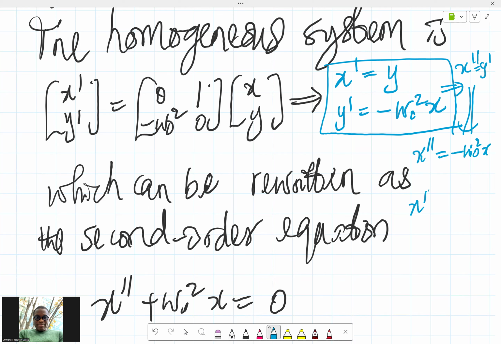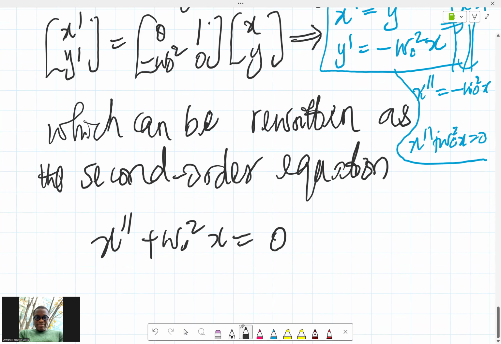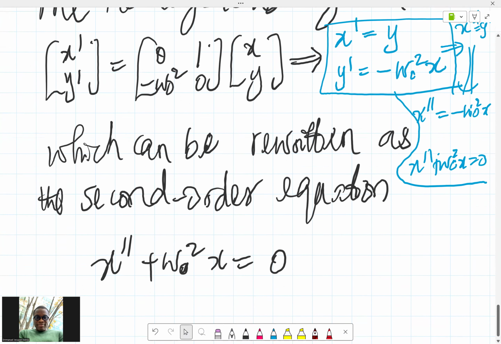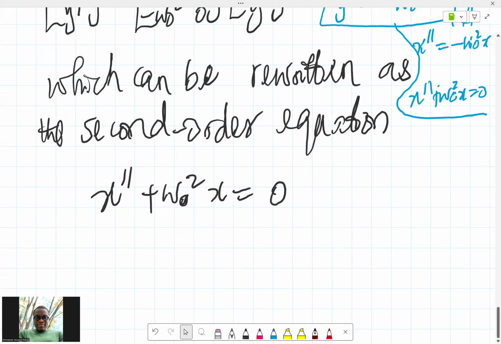So that means we have x prime prime plus omega naught squared x equals 0. You see how that transformation takes place. That is why we can confidently have this other form of representation. We can also break the second order into a system of first order equations like this.